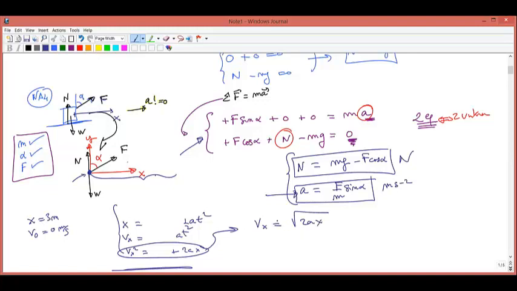And obviously, the velocity will be towards the right, therefore we're going to keep only the positive direction. And this becomes the square root of 2F sin alpha divided by m times x. Again, we pick the positive number, and then we plug in numbers. Okay?